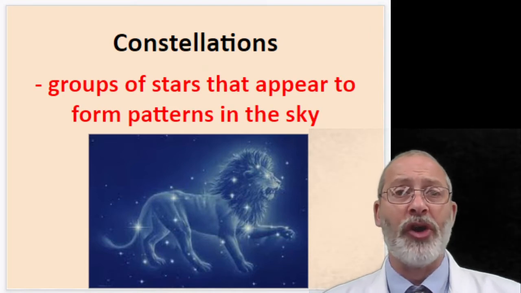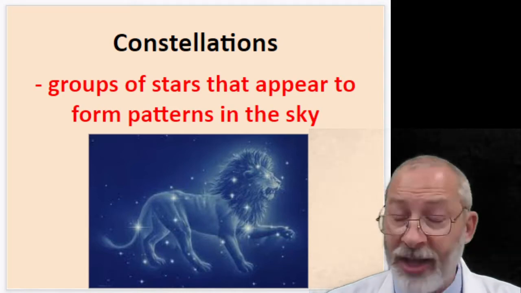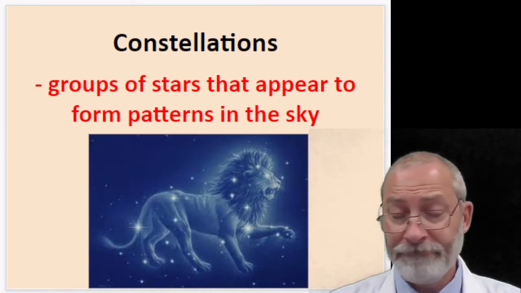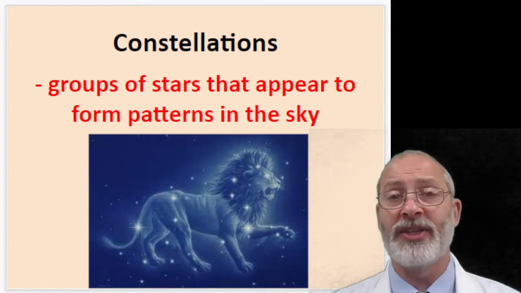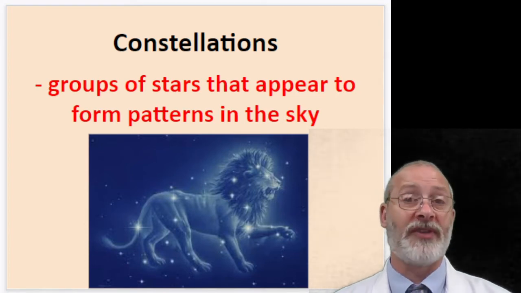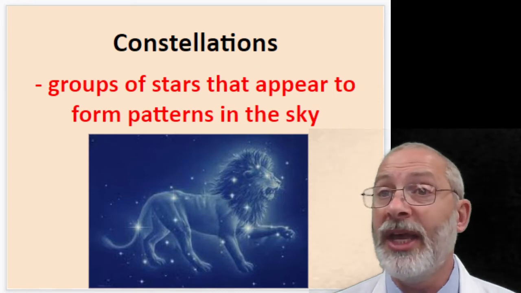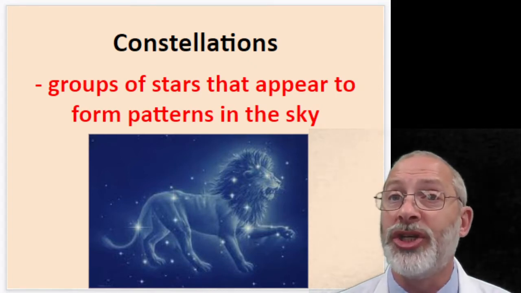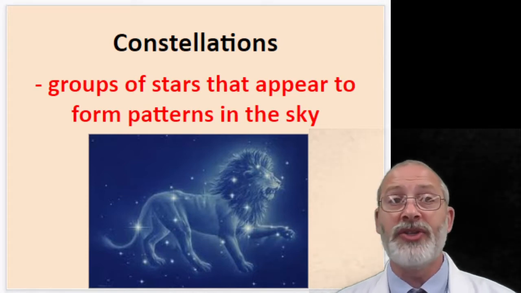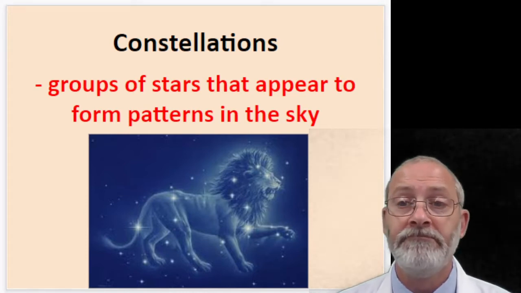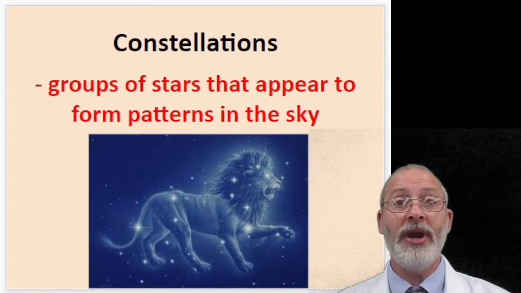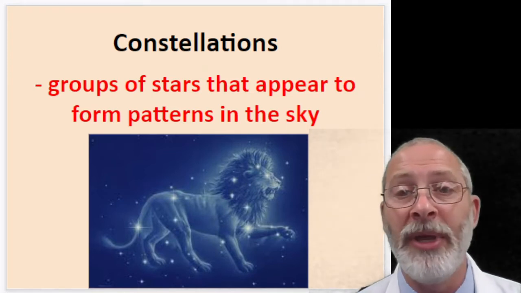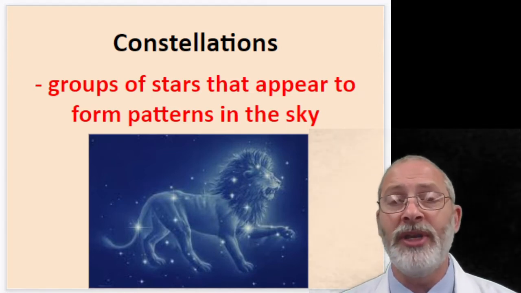How many of you have ever heard of the word constellations? Yeah, lots of you. In fact, some of you may even know the names of constellations. Let's see, do any of you know the names of any constellations? Pause the video and let's hear some. Very good. So some of the more common constellations you may know the names of.